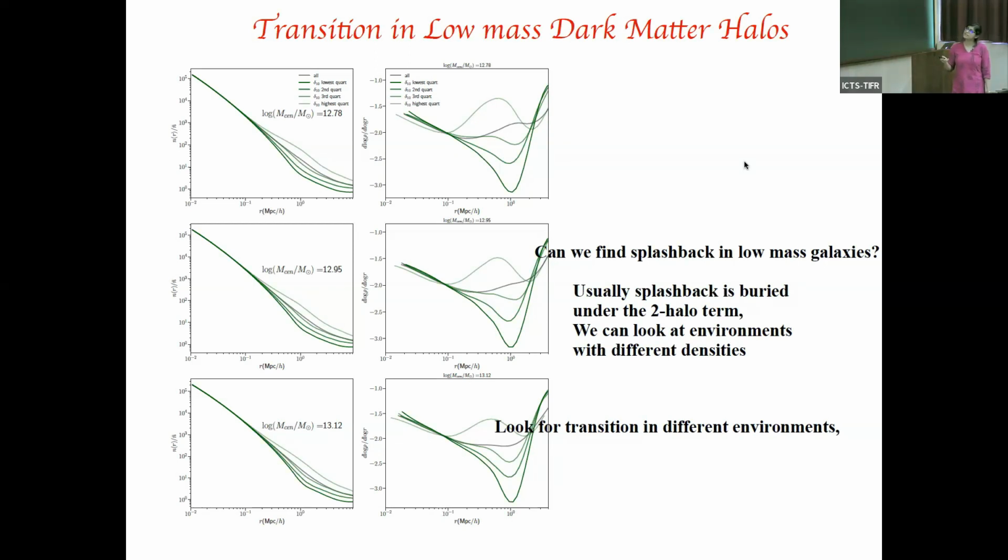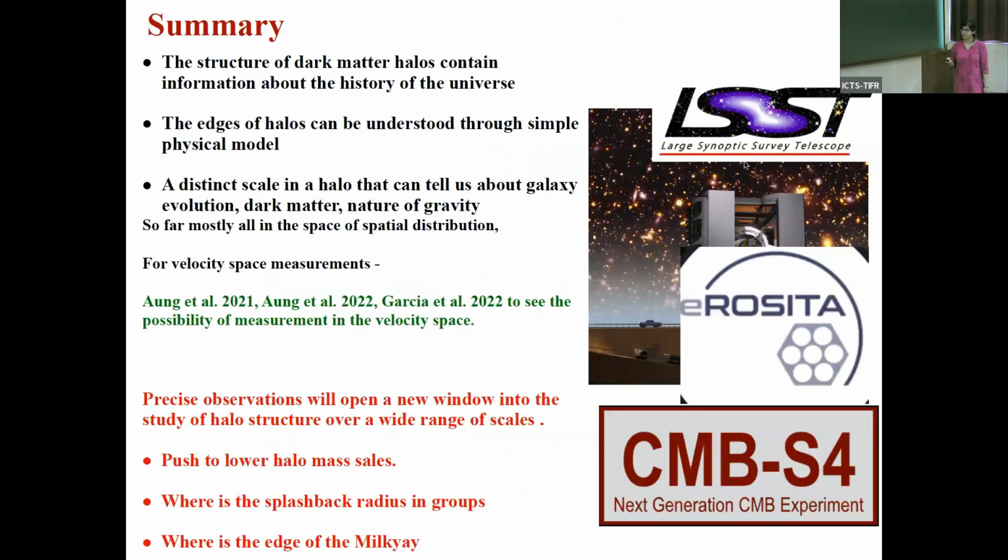On the left-hand panel, you can see the density distribution of low mass galaxies split on the overdensity at 10 megaparsec. As you go to lower density environments, you really start to clear out this transition region. You can get pretty sharp splashback features, or you can really map out the outskirts well when you go into these low density environments.